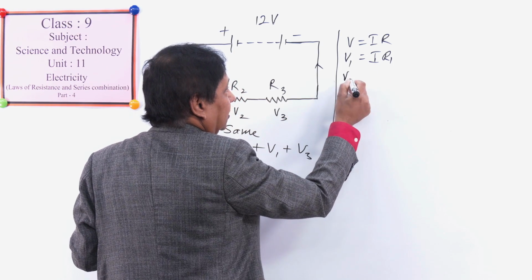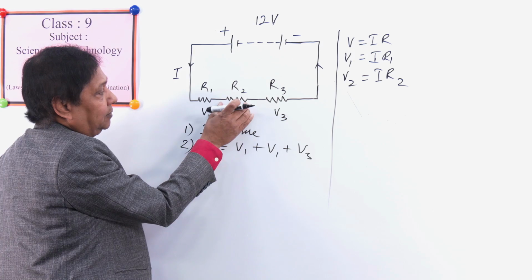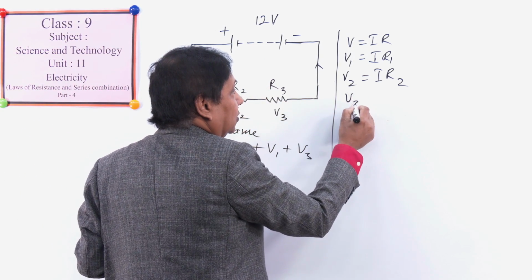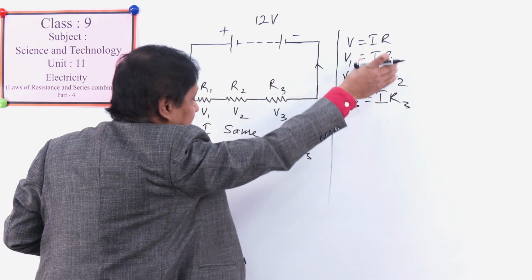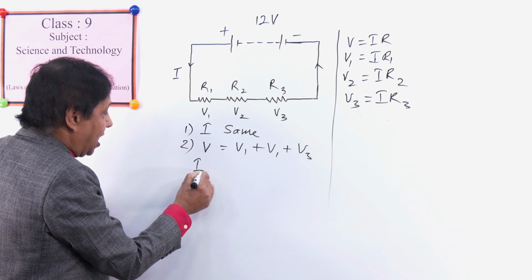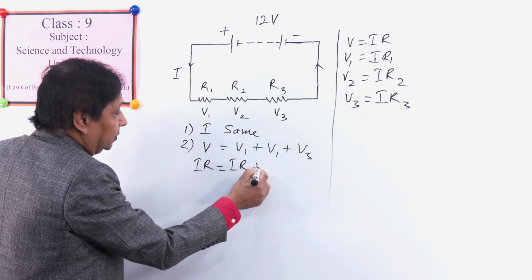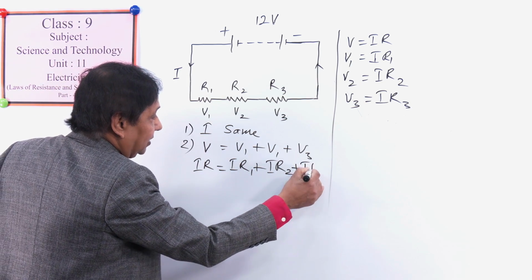In the same way, V2 equals IR2, because the current is the same but the resistance is R2, and V3 equals IR3. And if we substitute this here, in place of V I am writing IR, and in place of V1, IR1, V2, IR2, and V3, IR3.